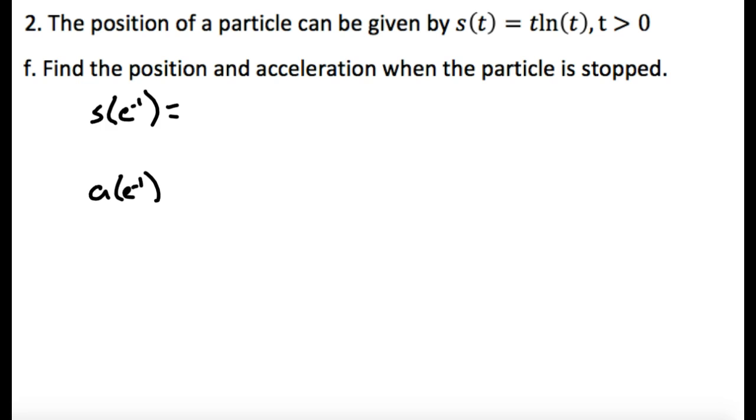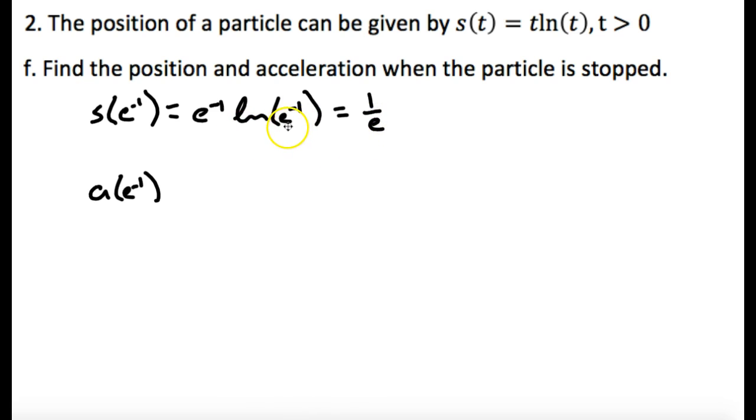So if I plug this into my original function, well, my original function is just right there. So e to the -1 times the natural log of e to the -1. Well, if I simplify this, e to the -1, I could leave it as e to the -1, or I could write it as 1 over e.